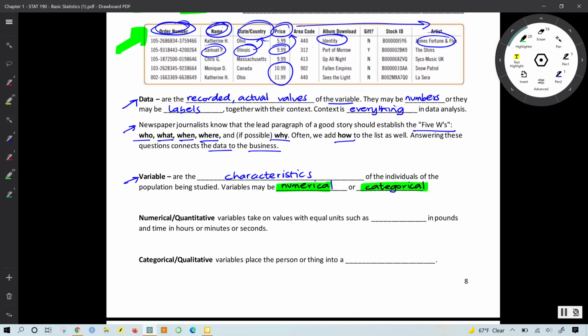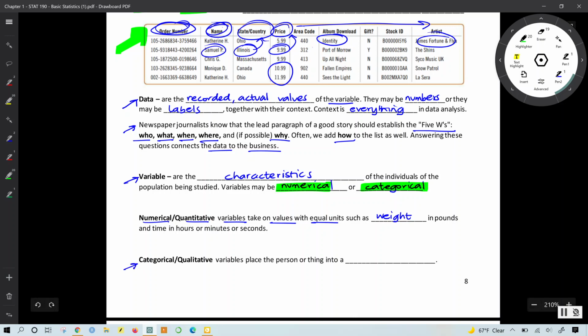Just to give quick, more or less hand-waving descriptions to begin with, numerical or quantitative variables take on values with equal units, such as the weight in pounds, and you observe that they are inherently numerical. You collect a person's weight, you're recording it in numbers that can be added and subtracted together.